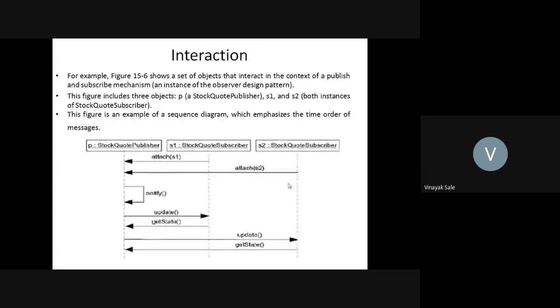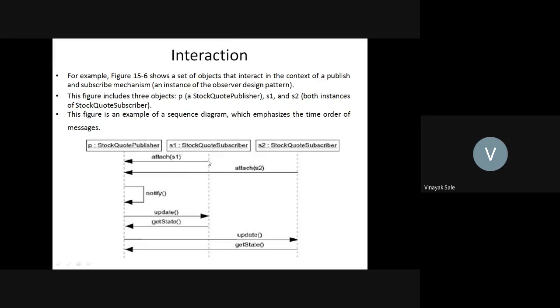So, in this example, the objects that interact set the context: the publish and subscribe mechanism. There are three objects: P, the stock quote publisher, and S1 and S2. P is a class, and S1 and S2 are the objects.